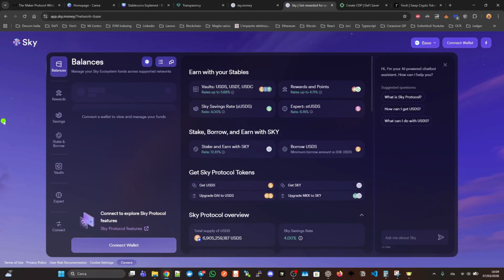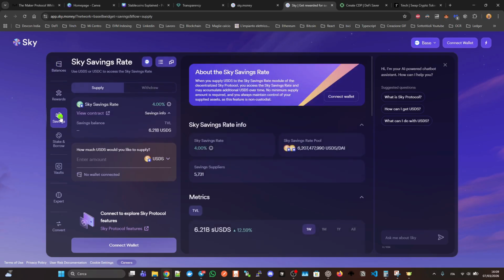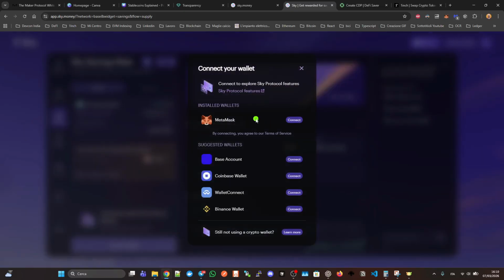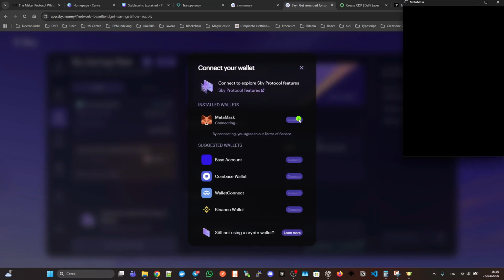Okay, we can go to savings. This is the Sky Savings Rate, which is 4%. Let's say we want to supply an amount. We need to connect the wallet. We are on Base L2. Let's connect the wallet, MetaMask, connect.